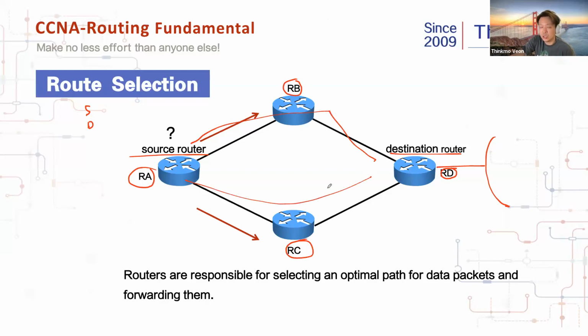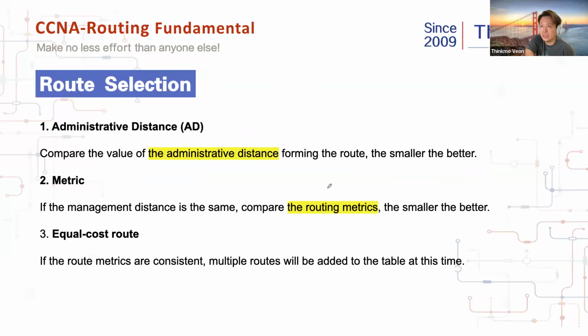So this is the job the router has to do. So we will have some mechanism to define how the router is going to select the route. There are 3 major things that we need to talk about here that the router will use to choose the better path.